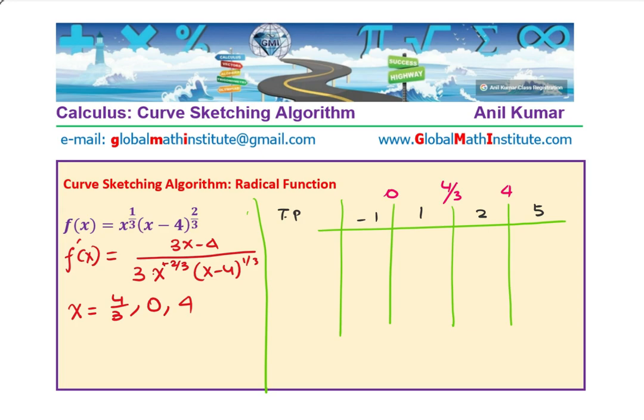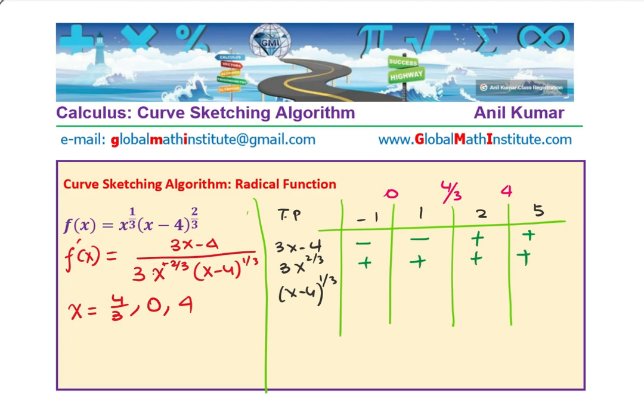We have to check these factors, which are 3x − 4, 3 times x^(2/3), and (x − 4)^(1/3), correct? Now, as far as 3x − 4 is concerned, if I write −1, we get a negative number. 1 will give me negative, 2 and 5 will give me positive. 3x^(2/3) will always be positive, right?